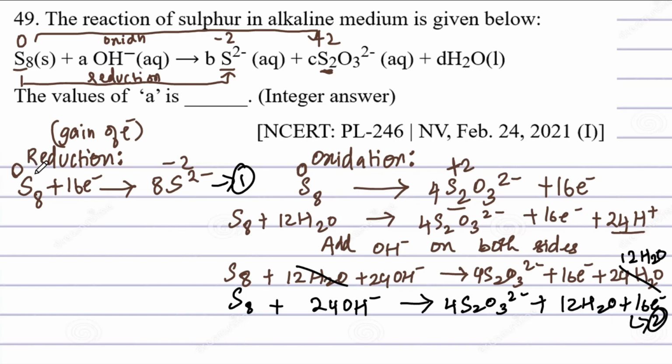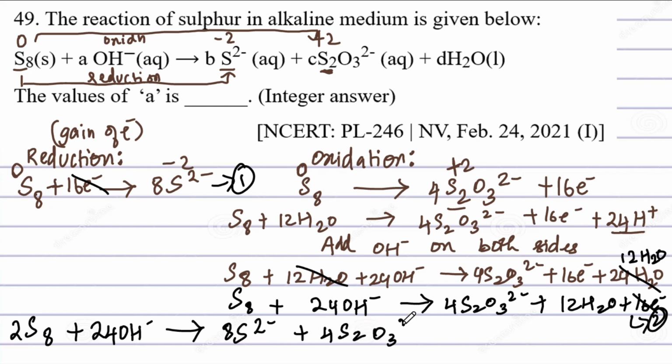So let us add the reduction half reaction and the oxidation half reaction. In the reactant, S8 is present in both the equations, so it will give 2 S8. You can cancel the 16 electrons on the reactant and product side. So plus 24 OH minus gives 8 S2 minus plus 4 S2O3 2 minus plus 12 H2O.